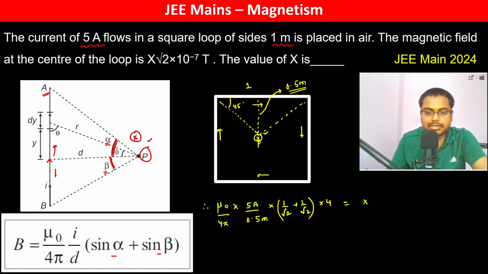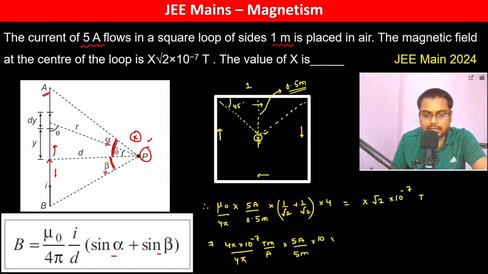And this is said to be x root 2 into 10 to the power minus 7 Tesla. So now we have to find x. So mu naught is 4 pi into 10 to the power minus 7 Tesla meter per ampere. So this is 4 pi into 5 ampere divided by 0.5 meter into root 2, so it becomes 2 by root 2.